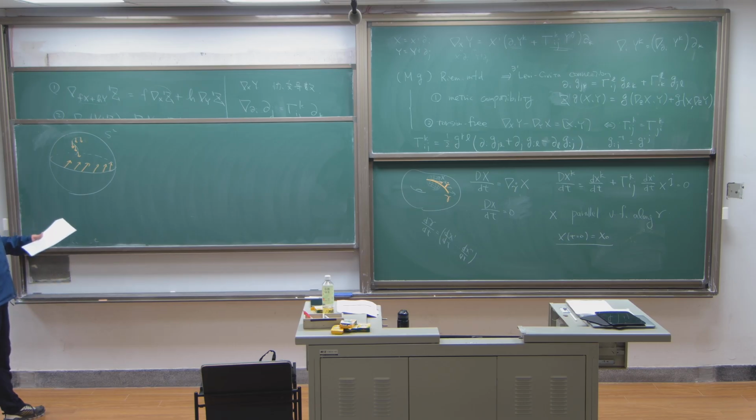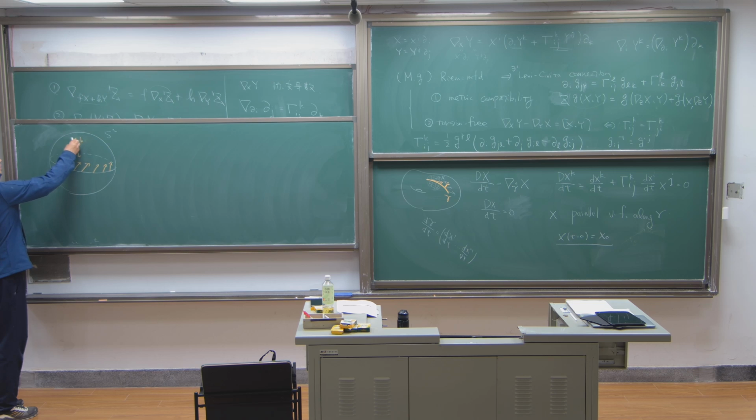Those are parallel transports along the curve. And along the equator, you just do the parallel transport like this.